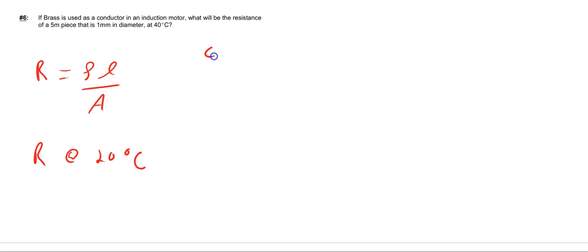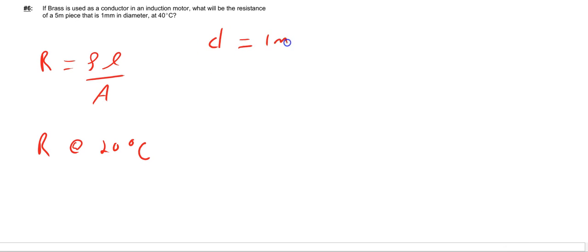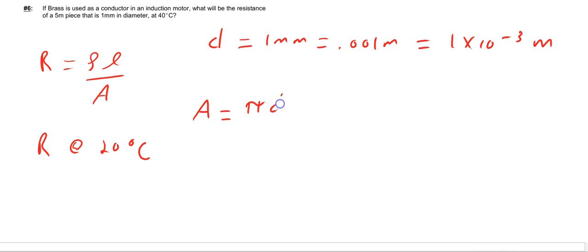We have been given the diameter of the brass conductor as 1 millimeter. So we can write that as 0.001 meters, or 1 times 10 to the negative 3 meters. Now, the diameter is given, which means it's a round conductor. We can find the area by using pi times d squared over 4.